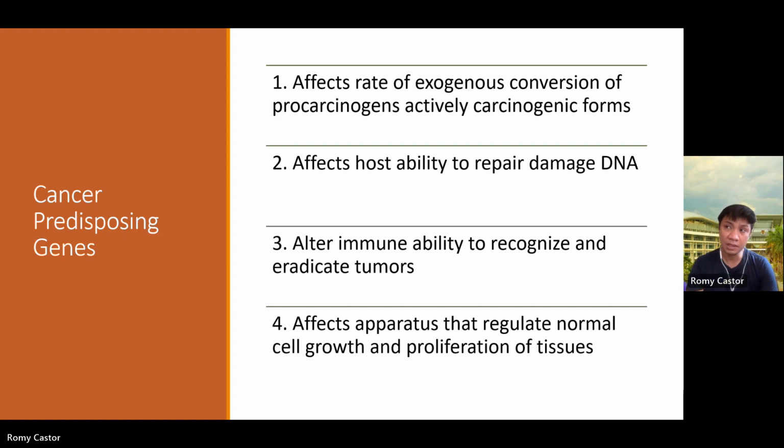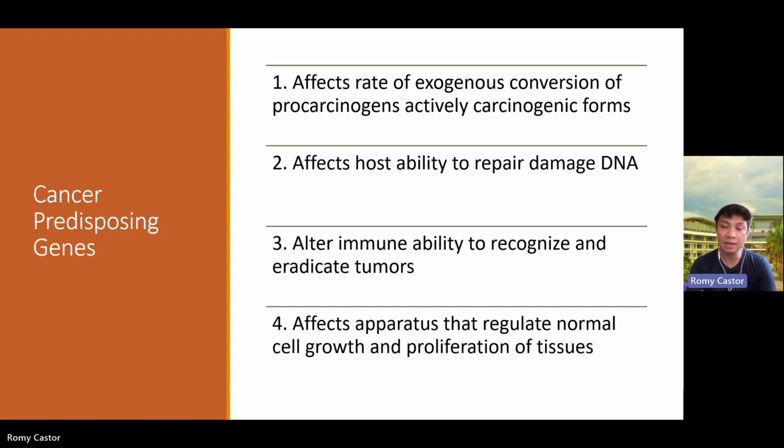So if the tumor antigen is not recognized, it is just left in our body. What's going to happen is it keeps on undergoing mutation, and that can later result in overwhelming production of tumor antigens or cancer cells that the immune system can no longer eradicate, control, or remove.